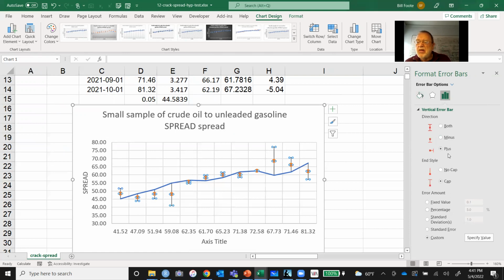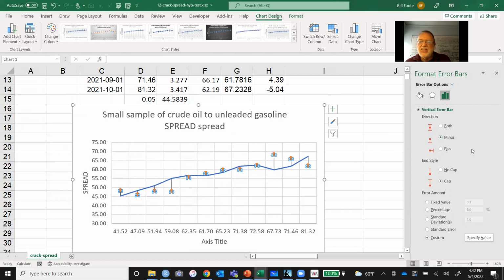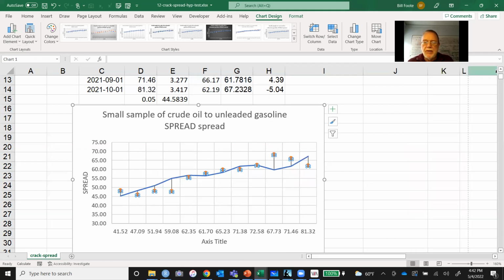And that's what I'm looking for. We want only pluses and custom. There we go. That's going to do it. The minus will work. One of these will work, and we got it to work again. Okay, good. Now we have some error bars.